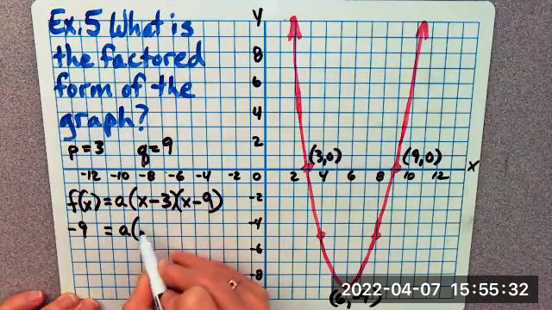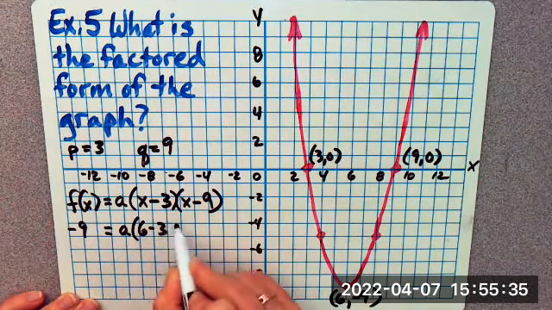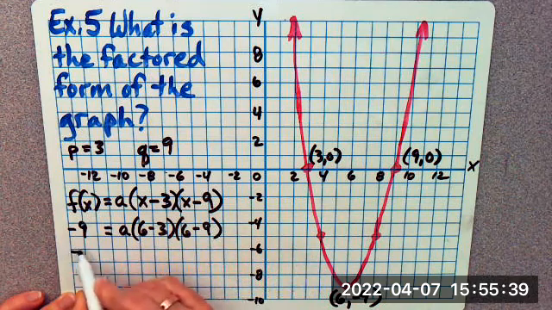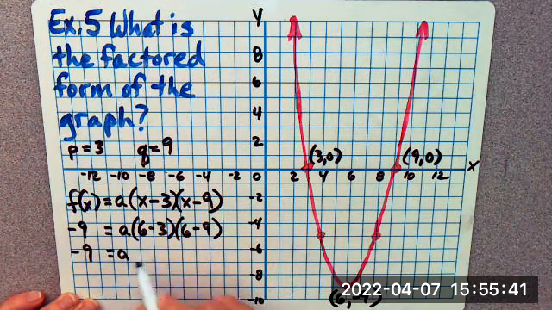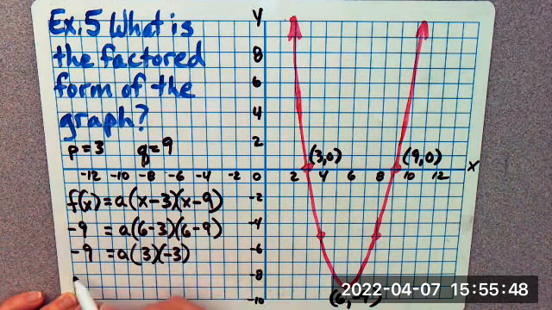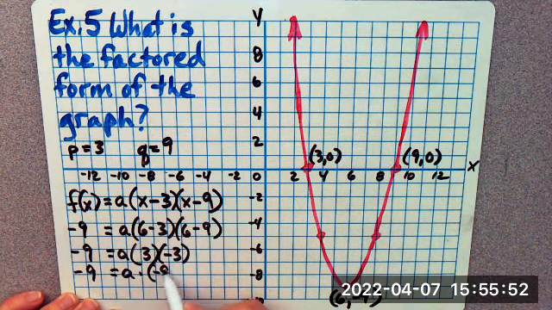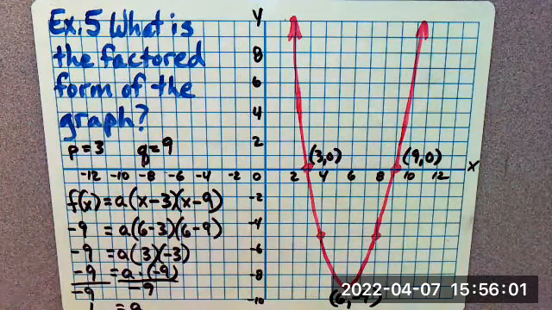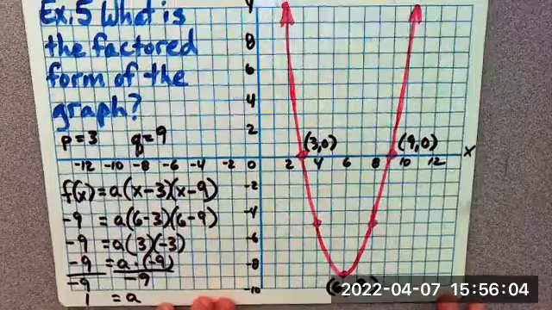And we have a times 6 minus 3 and 6 minus 9. So that's negative 9 equals a times 3 times negative 3, which is negative 9, equals a times negative 9. So when we divide by negative 9, 1 equals a. So our stretch is just 1.